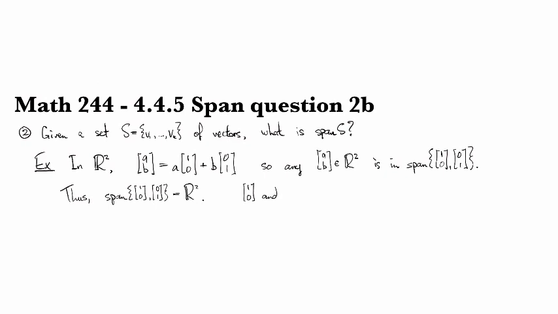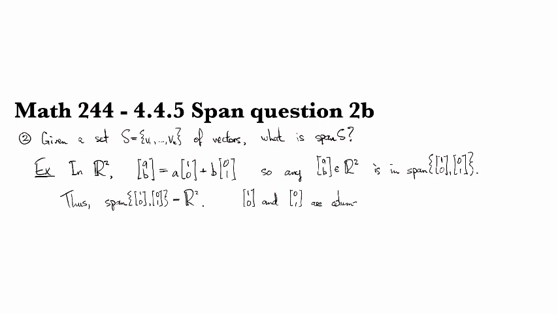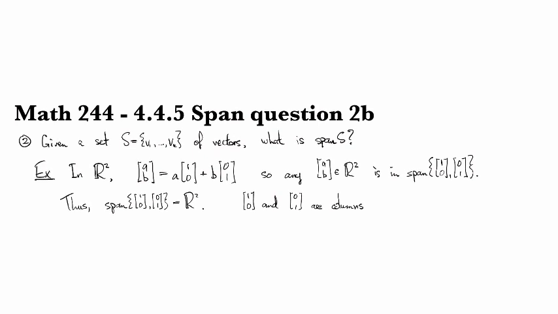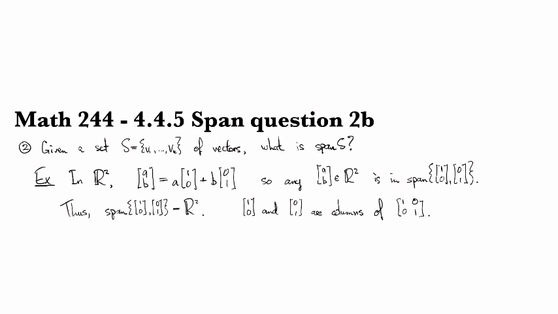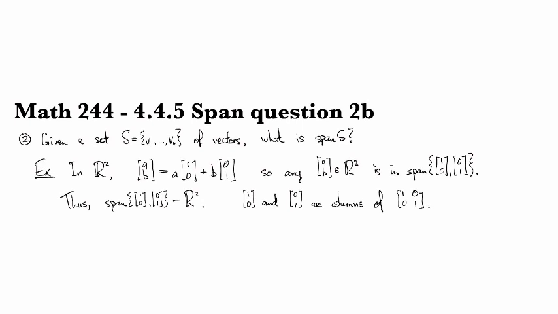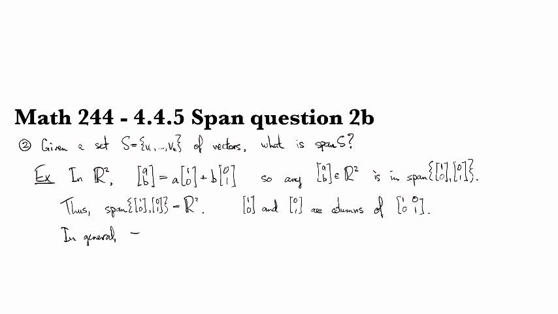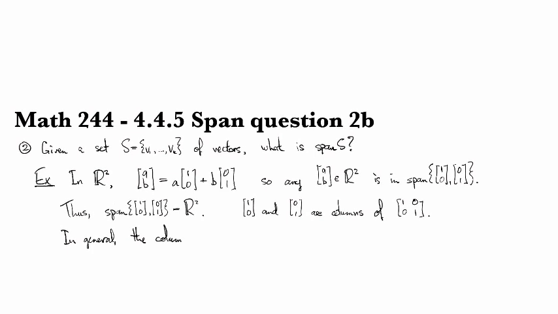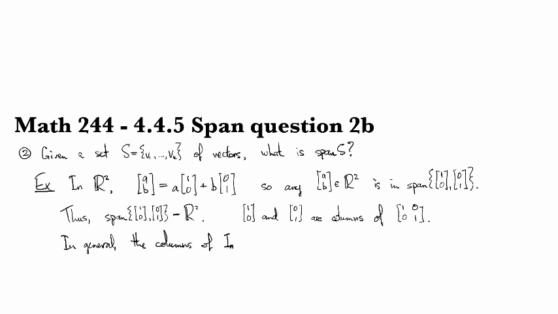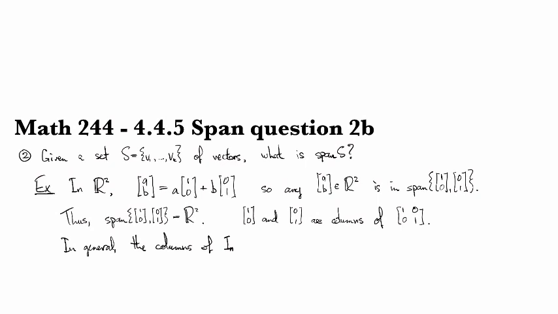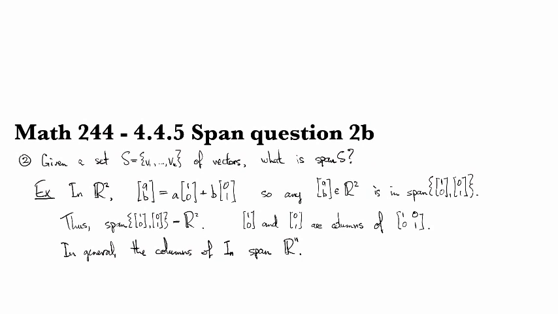And so it turns out that this works, well, if you notice here, (1, 0) and (0, 1) are the columns of the 2x2 identity matrix. And so in general, the columns of the n by n identity matrix, which I'll denote by I sub n, span Rn.